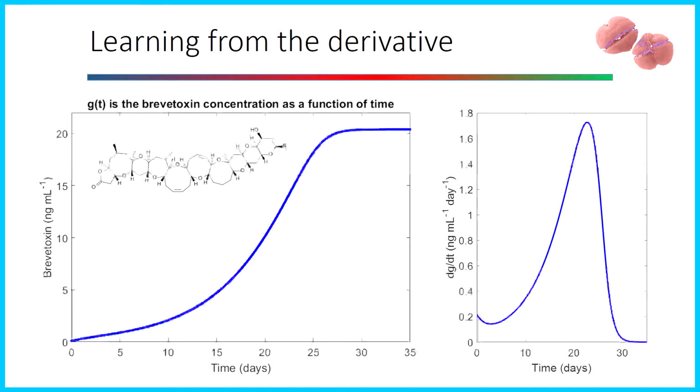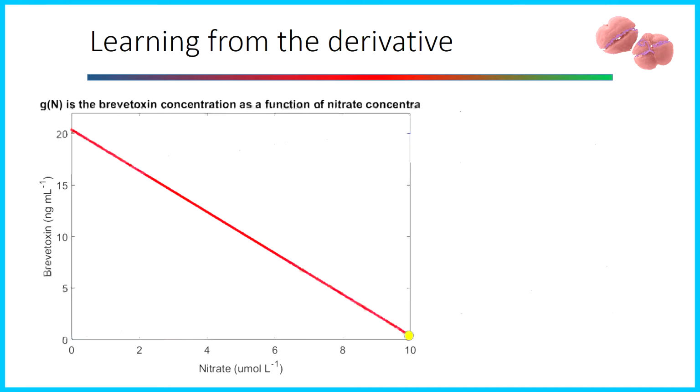But these aren't the only things that we could compute the derivative of. What if, instead of plotting brevetoxin just against time, we took advantage of the fact that we also measured nutrient concentration at the same time and plotted brevetoxin as a function of nutrient concentration in our experiment? Our plot of brevetoxin concentration as a function of nutrient concentration basically shows an inverse correlation.